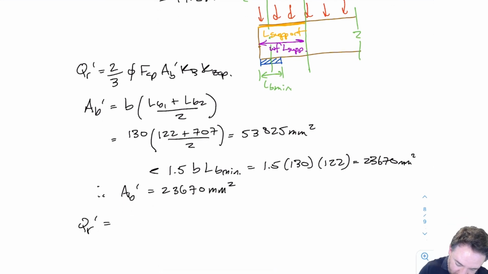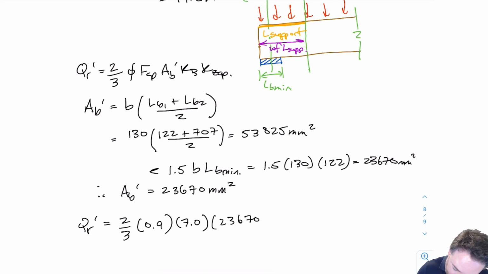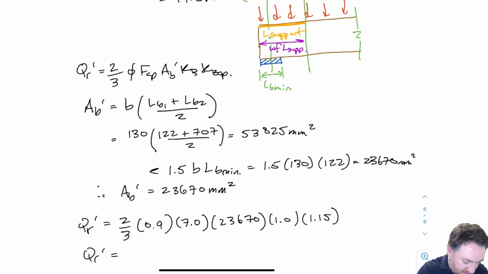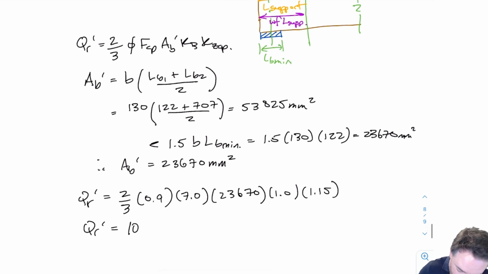Qr prime is 2/3, phi is 0.9, fcp was, then our Ab prime is 23,670, our Kb was 1.0, and our Kzcp was 1.15, and I do that full calculation, and I get Qr prime is equal to 101.6 kilonewtons.